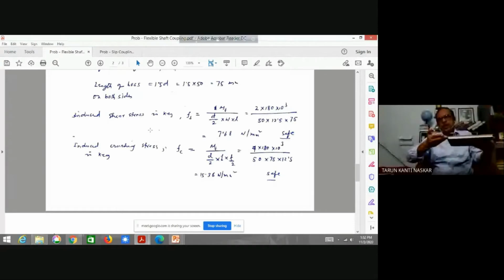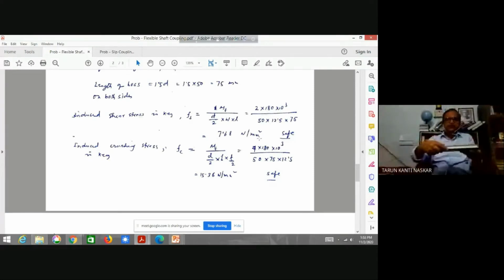That means one area will be generated when it fails. So the area against shearing is d by 2 multiplied by w into l. Here w is already 12.5 we have found out, and l is the length of the key, and this is diameter d by 2, that is 50 by 2. So this is the induced shear stress in the key, 7.68 Newton per millimeter square.